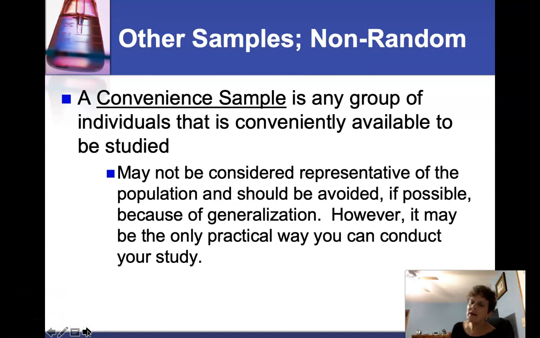Then we talk about some other ways that sometimes we do samples, and sometimes they're okay, but it depends upon really what you're researching. There is a sample called a convenience sample, and I believe also in your textbook, they also call that an accidental sample.